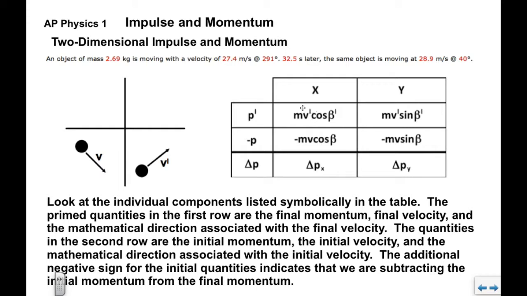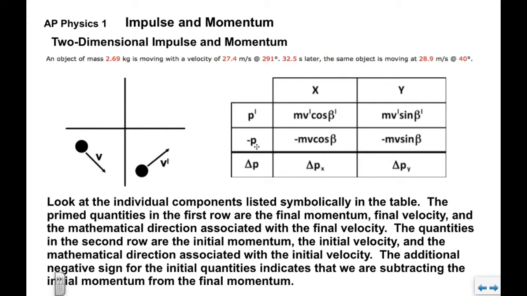The final momentum is mv prime, that's the vector's magnitude, and then cosine beta prime will indicate the x component. Beta prime is the mathematical direction of the final momentum. Of course, the y direction, same vector mv prime times the sine of beta prime. These are the x and y components of p prime.